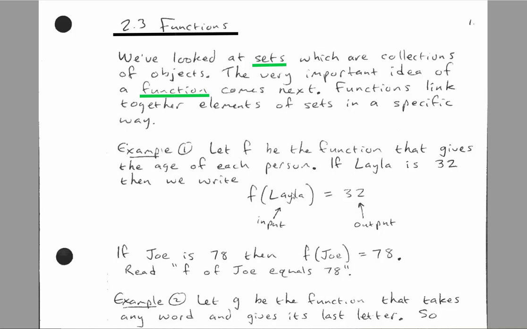Okay, so any person can be an input for this function, and then what comes out is their age in years. Taking a different person, so a particular Joe is 78, then f of Joe is going to equal 78.